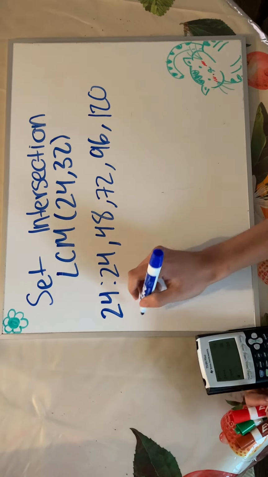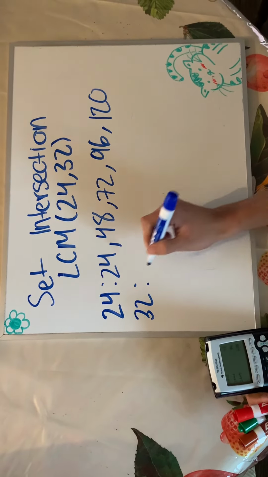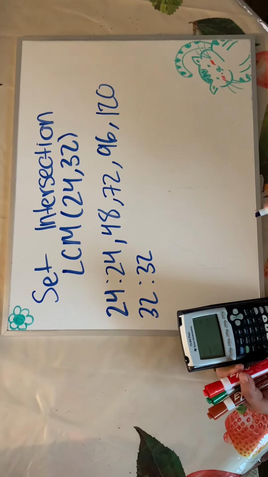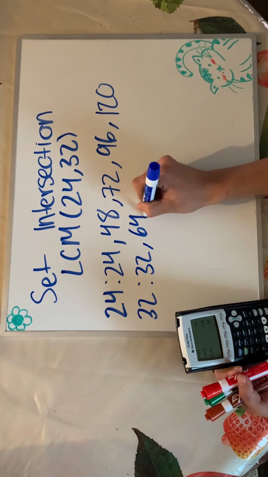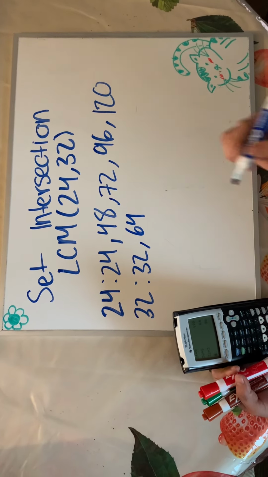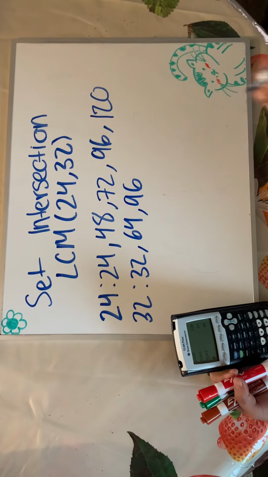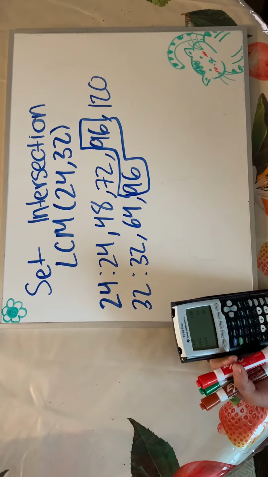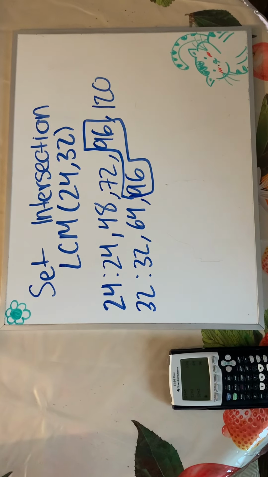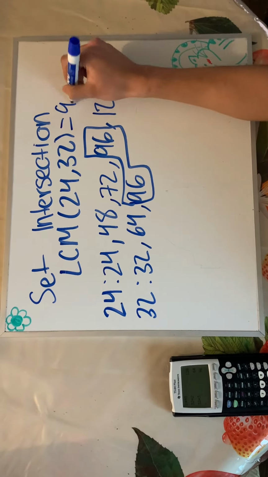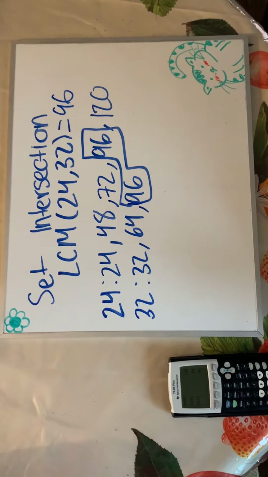Let's now do 32. That's 32. 32 times 2 is 64. 32 times 3 is 96. And look at that. We just found the LCM for 24 and 32. That is 96.